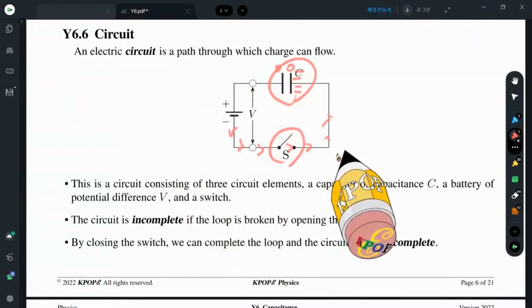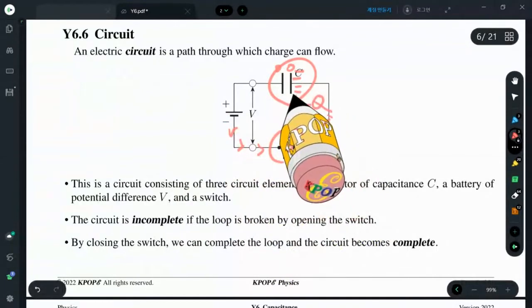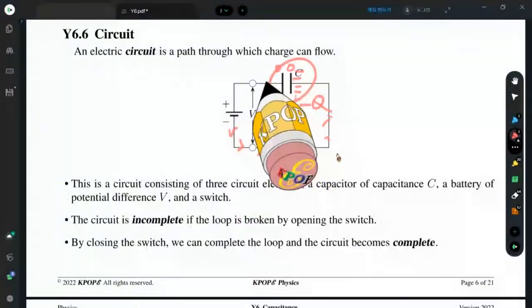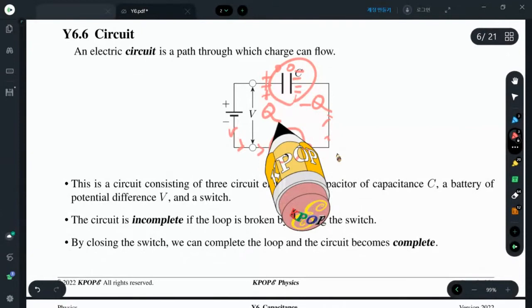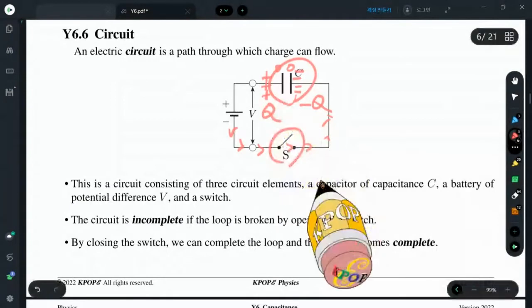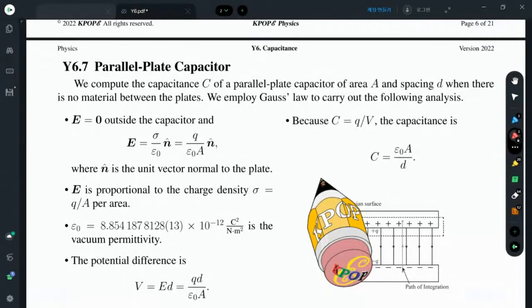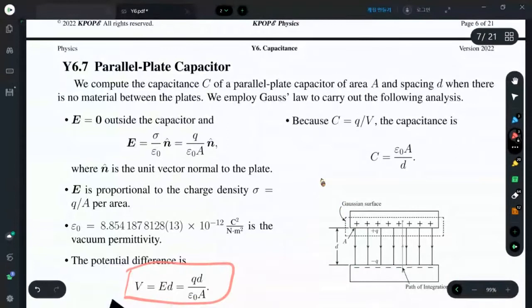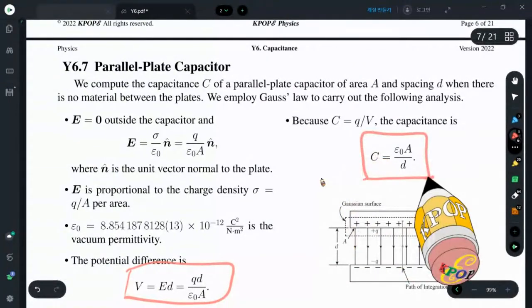Because of the conservation of charge, if minus Q has been moved to this plate, the other one with the same amount, plus Q, will be charged on the left-hand side. For the parallel plate capacitor, what we have just done in the previous page is this relation, and from this we have read off the capacitance of the parallel plate capacitor.